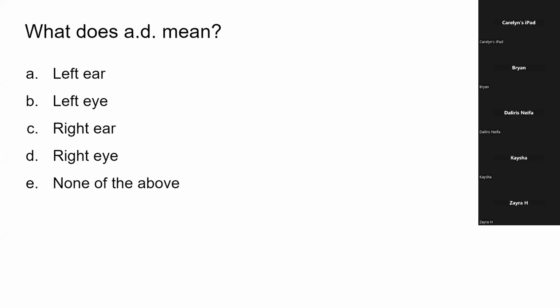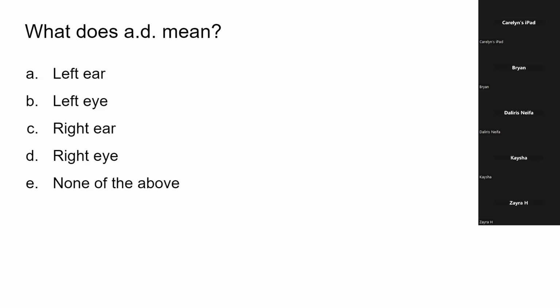So S always stands for left, and D, derecha, right. It comes from Latin, or dexter. So it's sinister and dexter for left and right. Or if you prefer, izquierda, derecha.